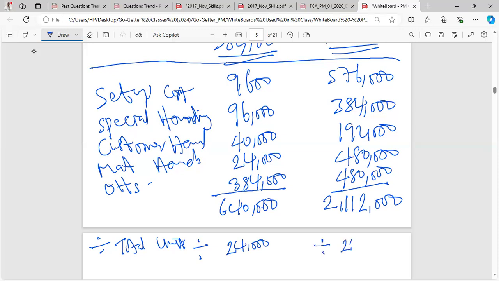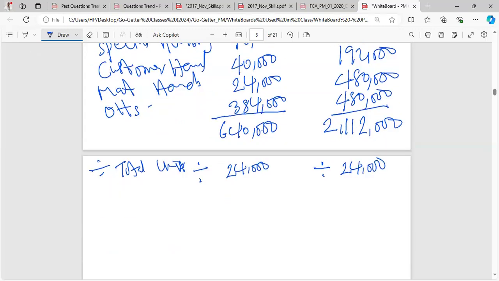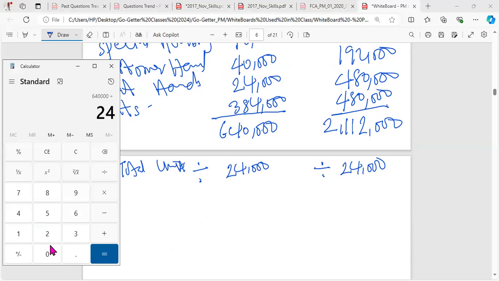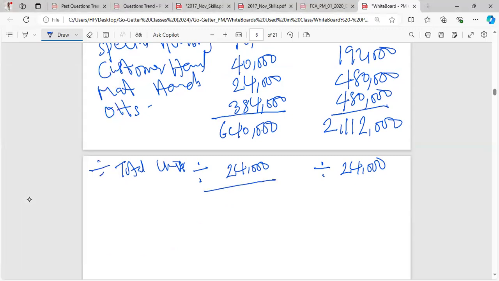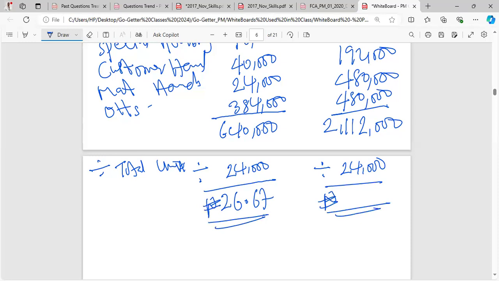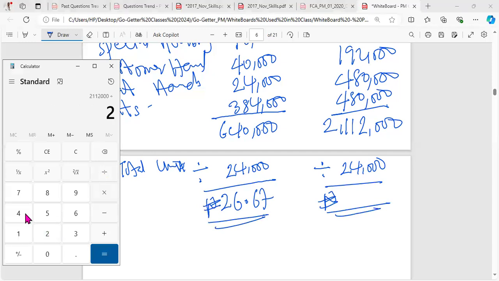When we divide, we have 26.67. So this is 26.67 naira, and this one, divided by 24,000, will give us 88.